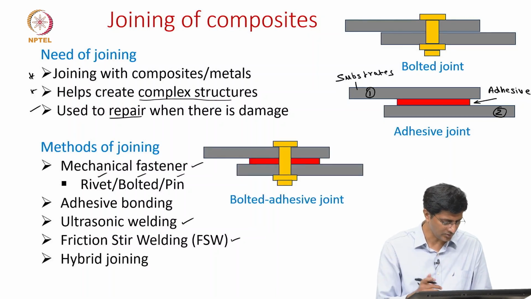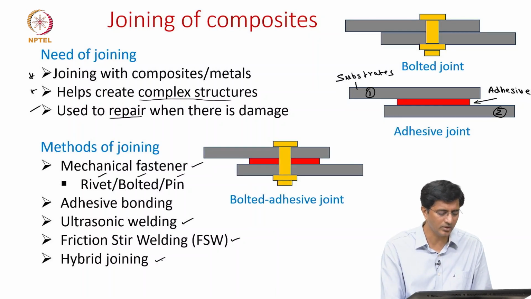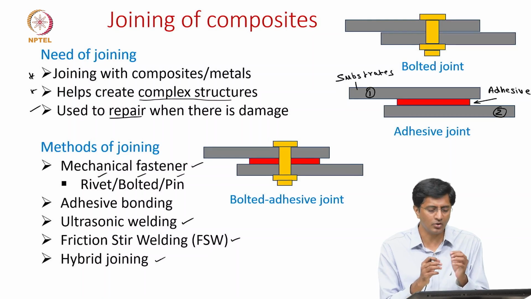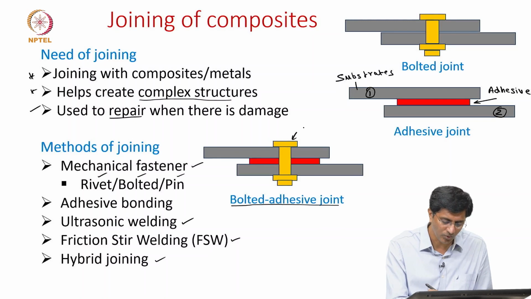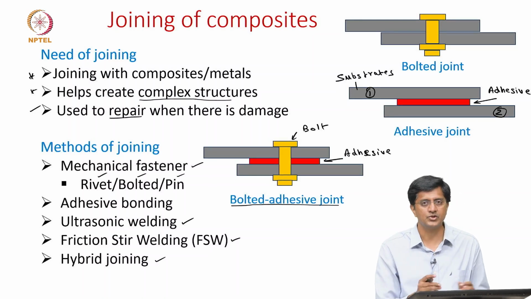And lastly, there is also what is called hybrid joining, where instead of relying solely on one particular joining method, you mix two methods. So for example, here is a bolted adhesive joint where we have a bolt here as well as the adhesive here to achieve the joints.